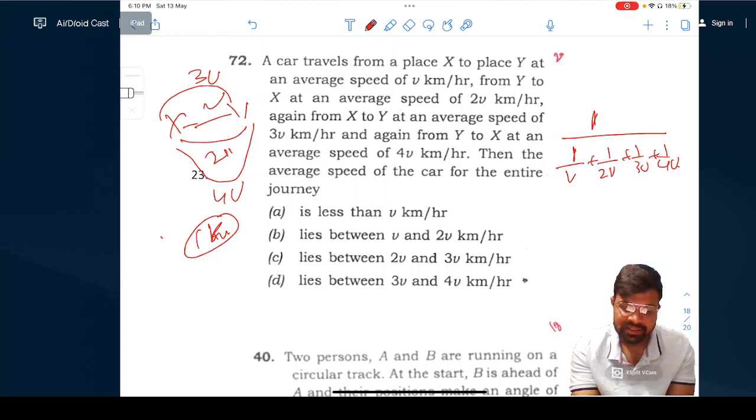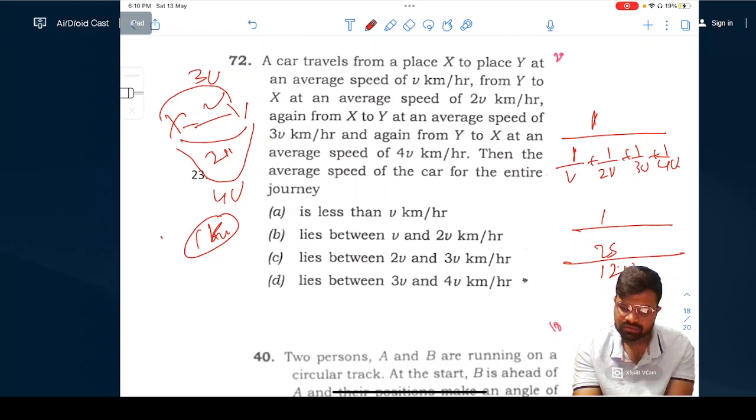What will be the LCM of all these? The LCM of 4, 3, 2, 1 is 12. So it will be 1 upon 12v into 3 plus 4, 7, 7 plus 6, 13, 13 plus 12, 25.